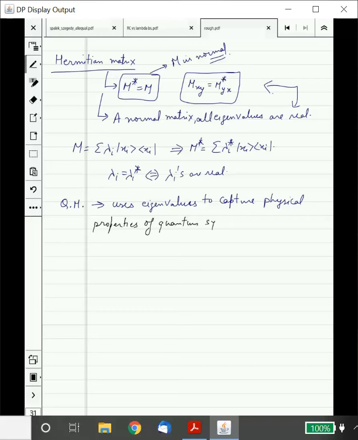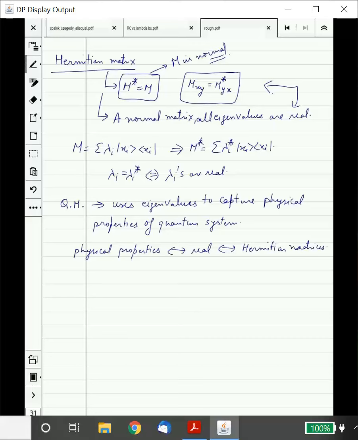This shows that Hermitian matrices are going to be important for us. Whenever we want eigenvalues to be real, then we would get Hermitian matrices. This is one way to convince yourself that these matrices are going to be important.